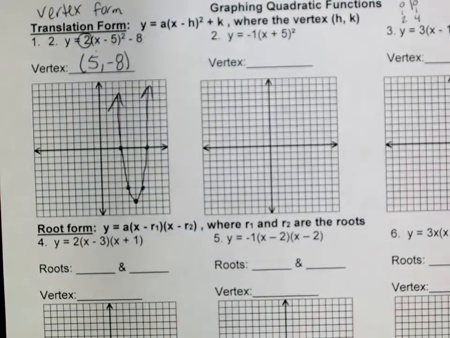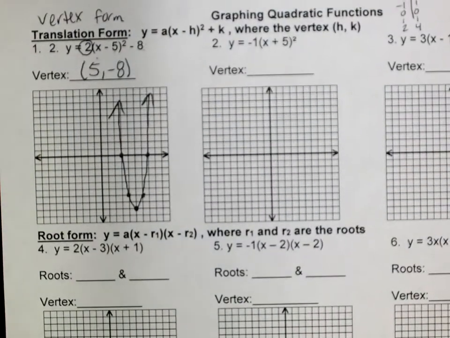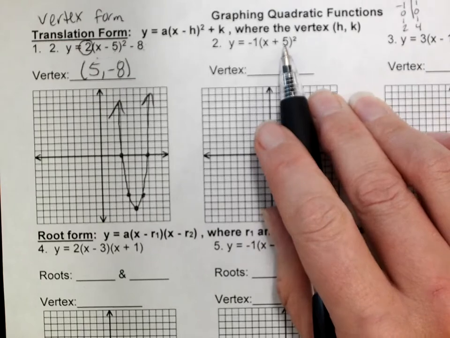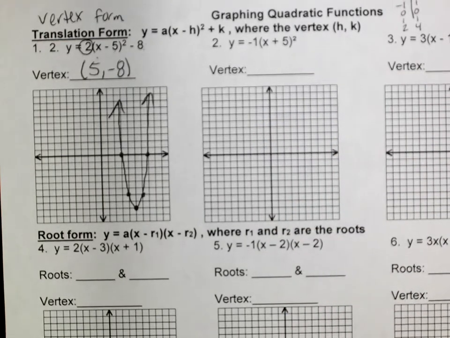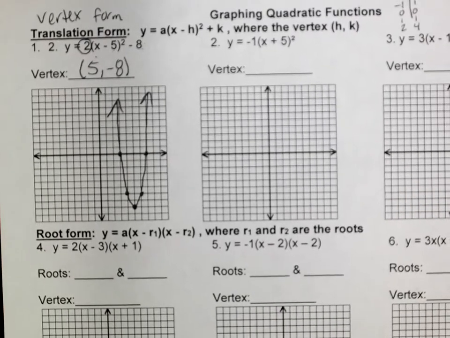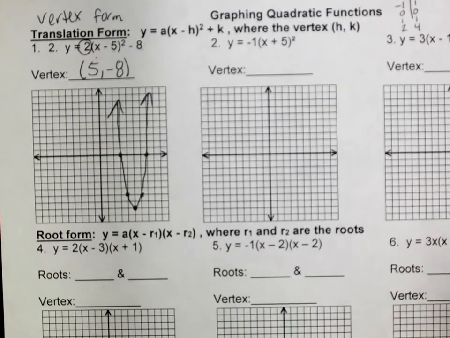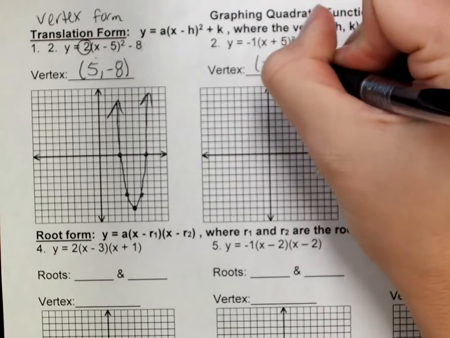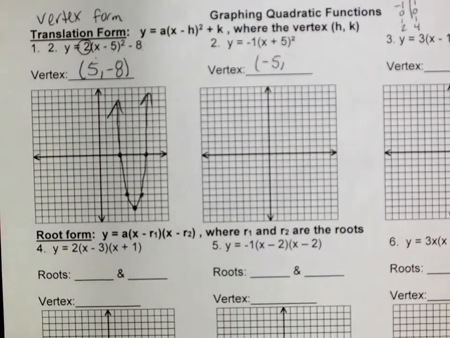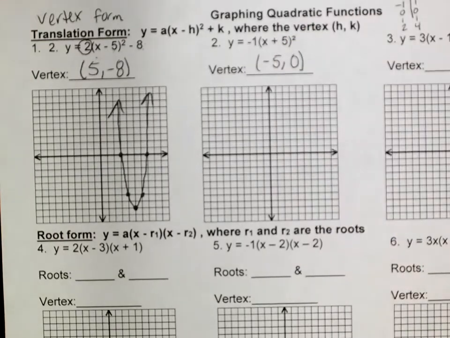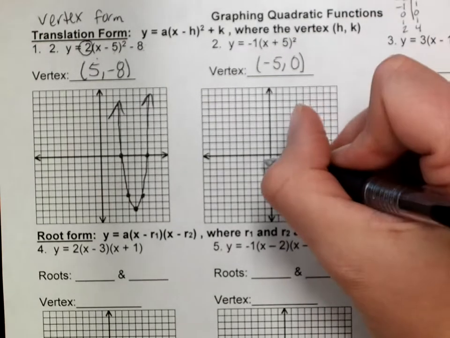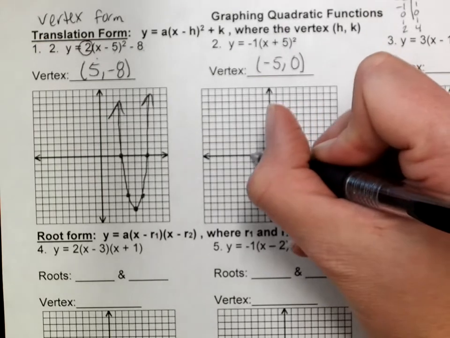Okay. So same thing on question number 2. This graph just moves to the left 5. So if it's moving left 5, then you can find your vertex. Your vertex is going to be negative 5, and if it doesn't move up and down at all, then negative 5, 0. Okay? Negative 5, 0. So again, I know this moves left 5, 1, 2, 3, 4, 5.